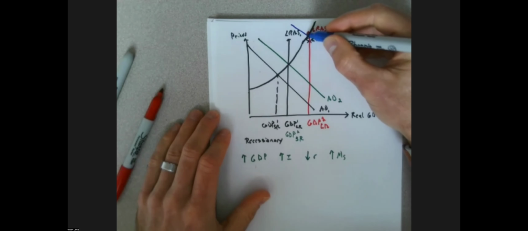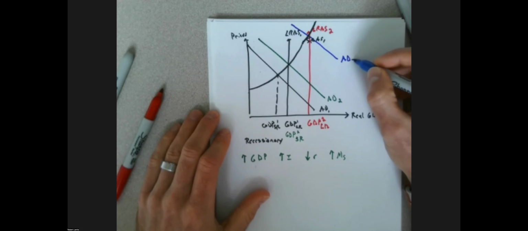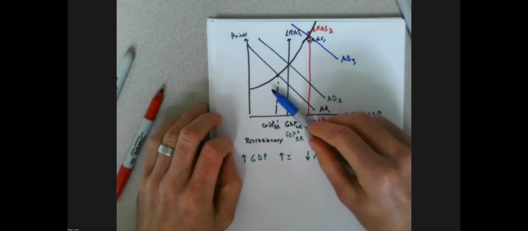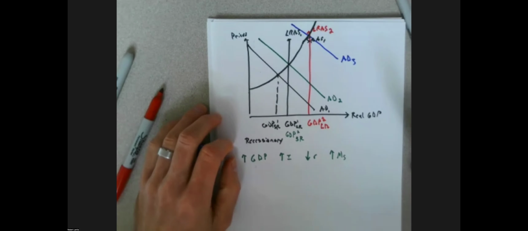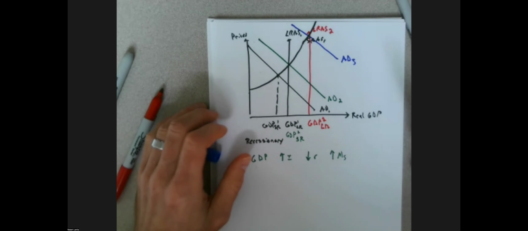I actually would have wanted to shift it all the way out here to close that gap that was created by the long run aggregate supply shift. So it's almost like, as the Fed, I have to anticipate that even though I'm engaging in expansionary monetary policy, as I'm doing that there may be other simultaneous shifts. Okay.